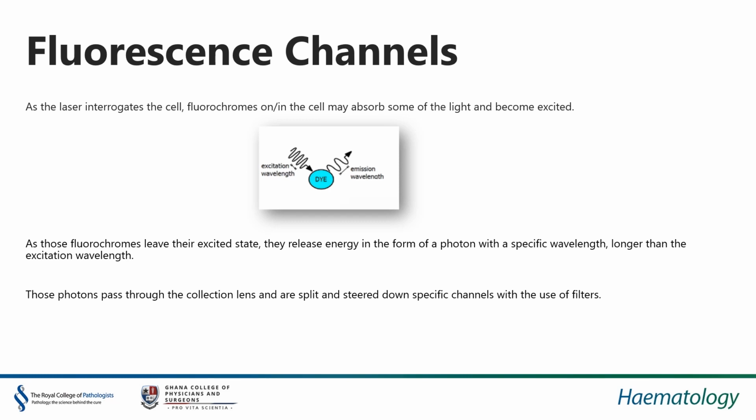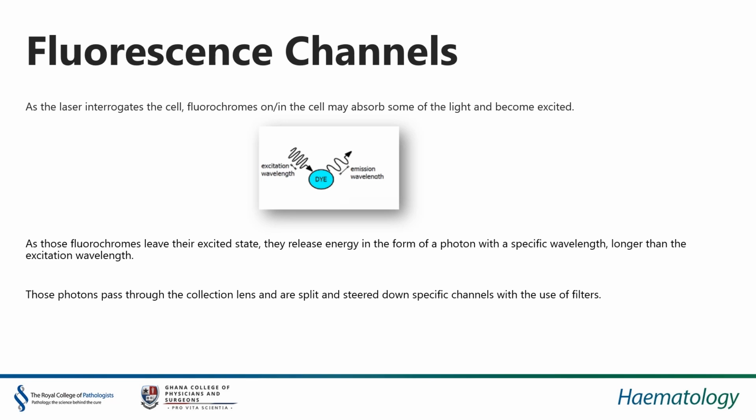So by knowing the excitation wavelength and the emission wavelengths of these dyes, we can combine a number of dyes, a number of colors together to be very specific about what these cells are. And like I said, some of these more novel flow cytometers will do 8, 10, 12, 14 colors, and some of the more specialized research instruments could even do up to 21 or even more colors.